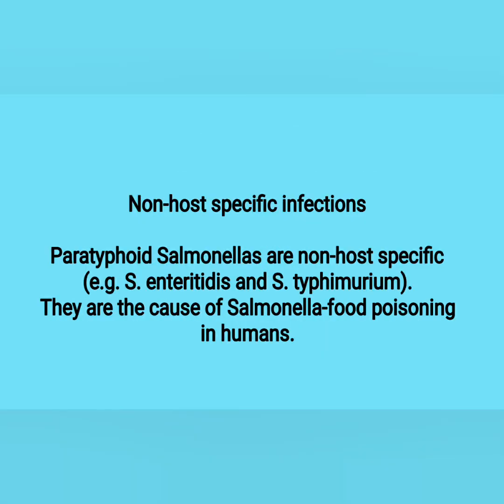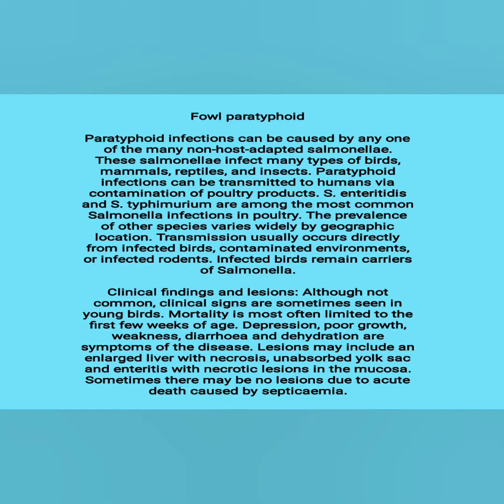Non-host-specific infections: paratyphoid salmonellas are non-host-specific, for example S. Enteritidis and S. Typhimurium. They are the cause of salmonella food poisoning in humans. Fowl paratyphoid. Paratyphoid infections can be caused by any one of the many non-host-adapted salmonella.